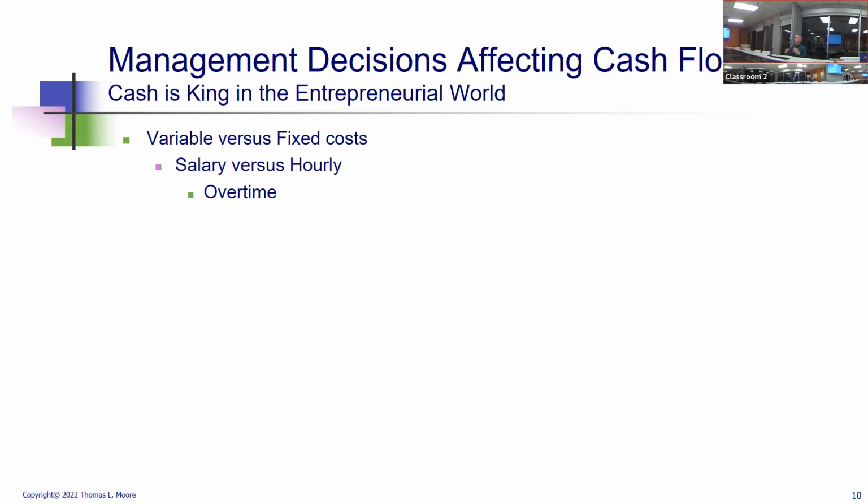So some of the things that are causing those problems might be covered here. It might help you recognize that problem as you're going forward. So the first one is this notion of variable versus fixed cost.